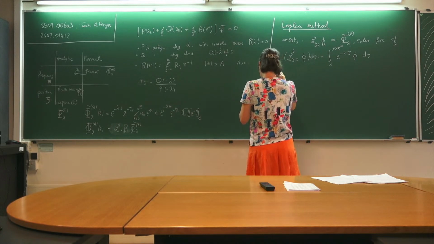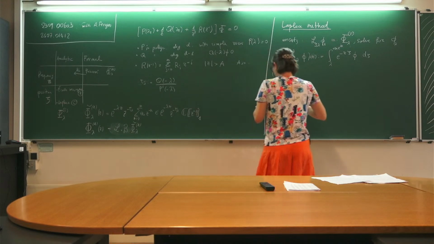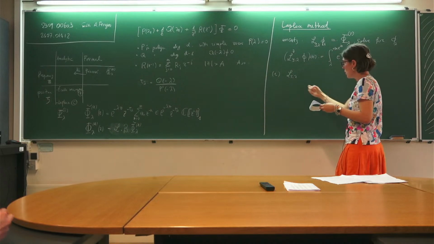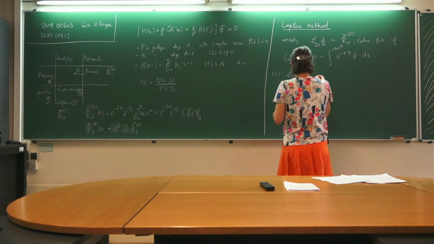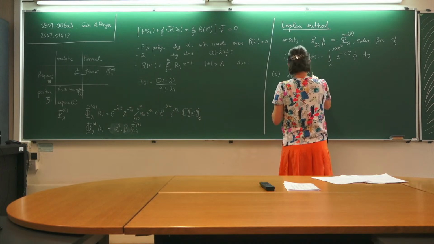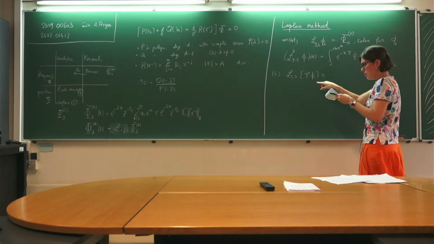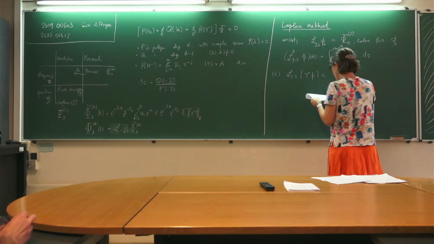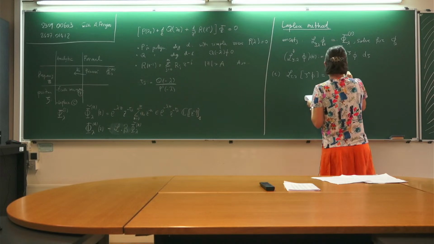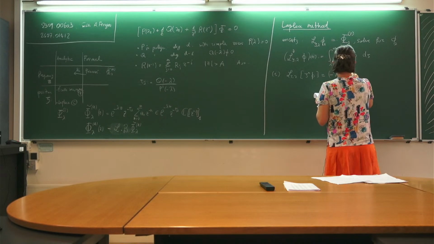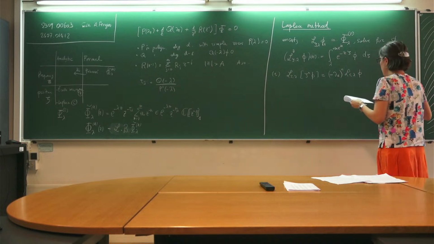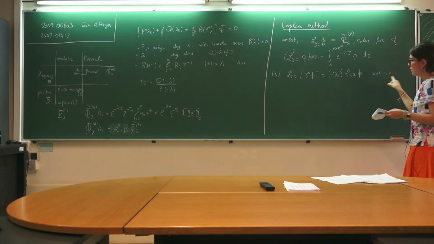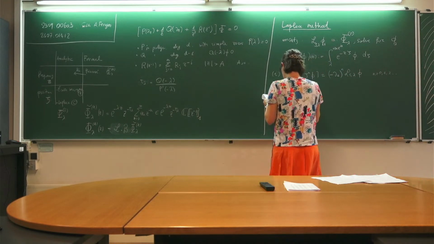One was property I, which tells us, now I will use zeta lambda, yesterday it was just zeta 0, but you can extend it: the Laplace transform of zeta to the n times phi is minus d z to the n of the Laplace transform zeta lambda of phi. And here n was a positive integer.